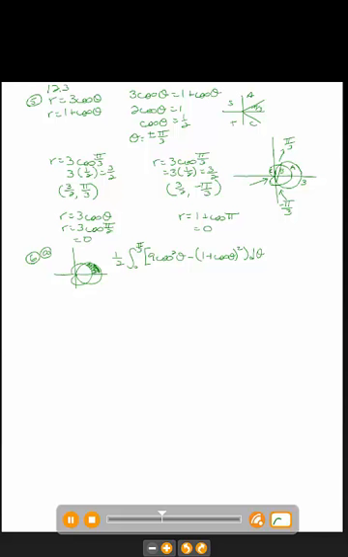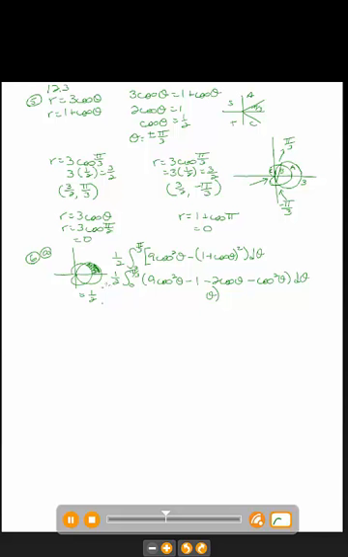And I'm going to do like they did and cheat my way through the squaring process. So I have 0 to pi over 3. This turns into 9 cosine squared of theta minus 1 minus 2 cosine theta minus cosine squared of theta, d theta.